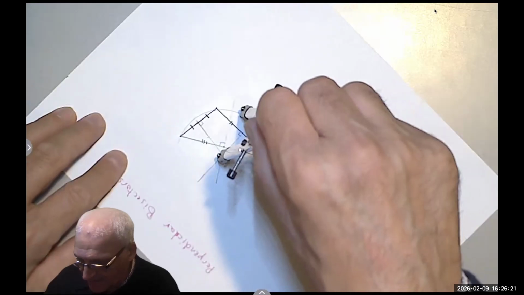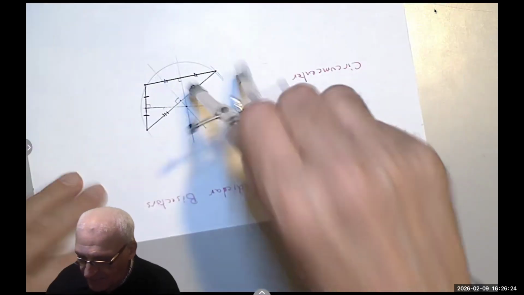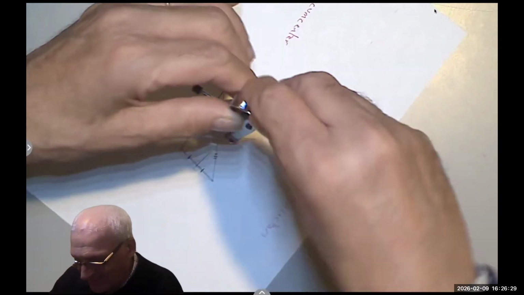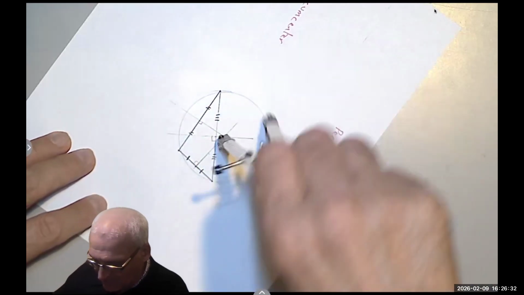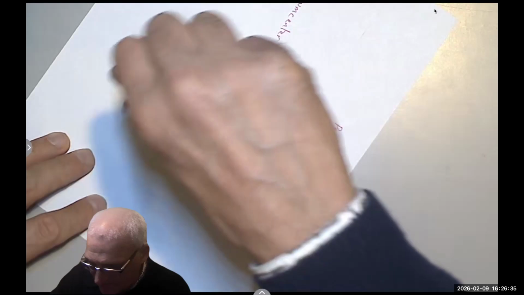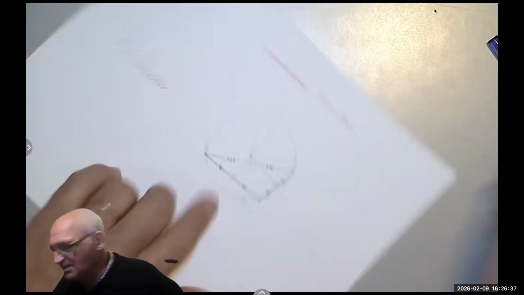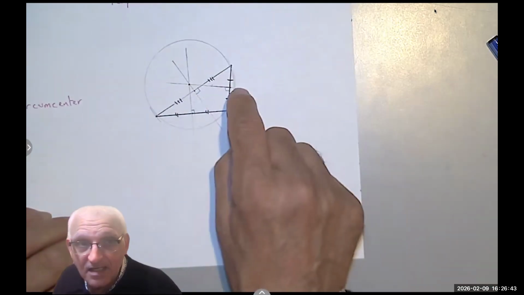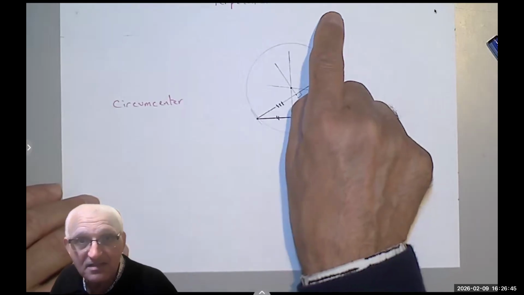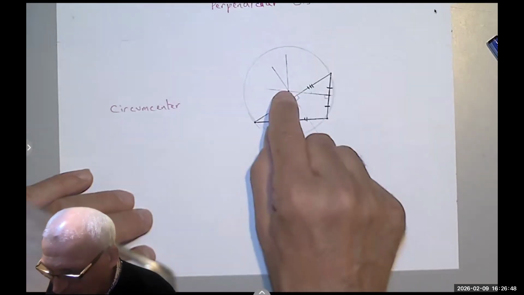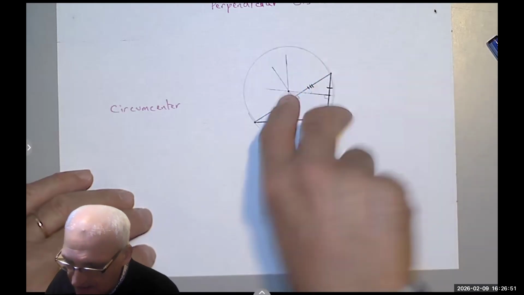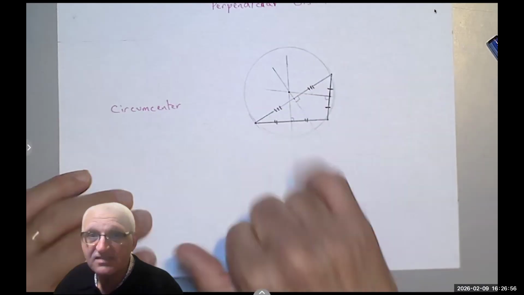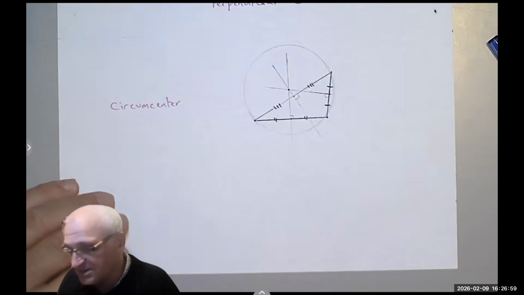Again, it's not accurate, so it passed through two and not all three. I was trying to do that quickly. But if you plot the perpendicular bisectors more accurately, you will get a point, and if you make the radius the distance from this point to any one of the three vertices, it should pass through the three vertices of the triangle.